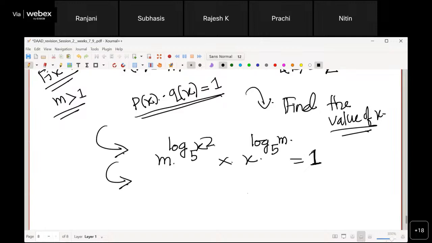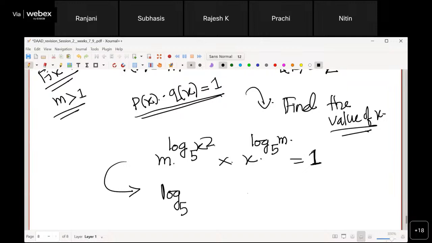Why do you want to take ln? You have a bunch of logs here. I don't know the answer, but I feel it's better to take log 5 on both sides.